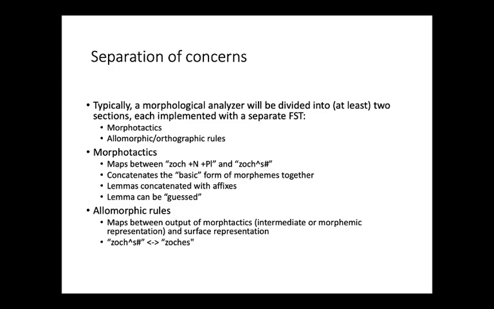So a morphotactic FST would do things like map between zoch, noun plural, and zoch morpheme boundary S. So it basically concatenates the basic forms of the morphemes together.